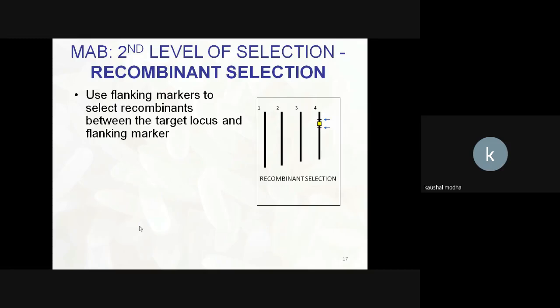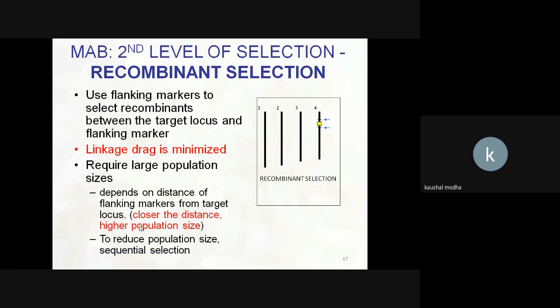So this is how we minimize the linkage drag by recombinant selection. We need two flanking markers shown by these blue arrows. This is our target locus, and we need two flanking markers which are 5 centimorgan away from the target locus. The closer these markers are to the target gene, the larger the population we need to open in backcrosses.